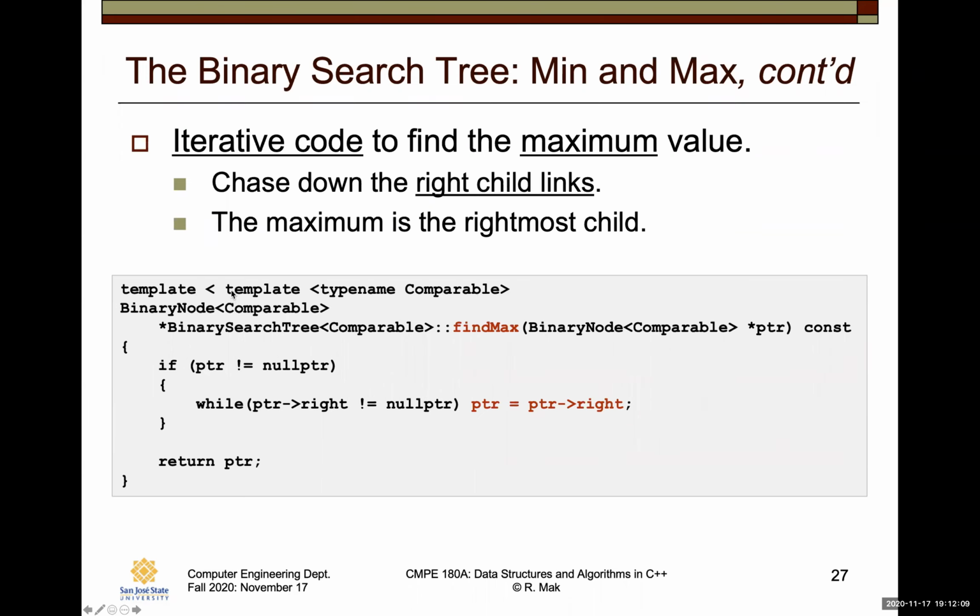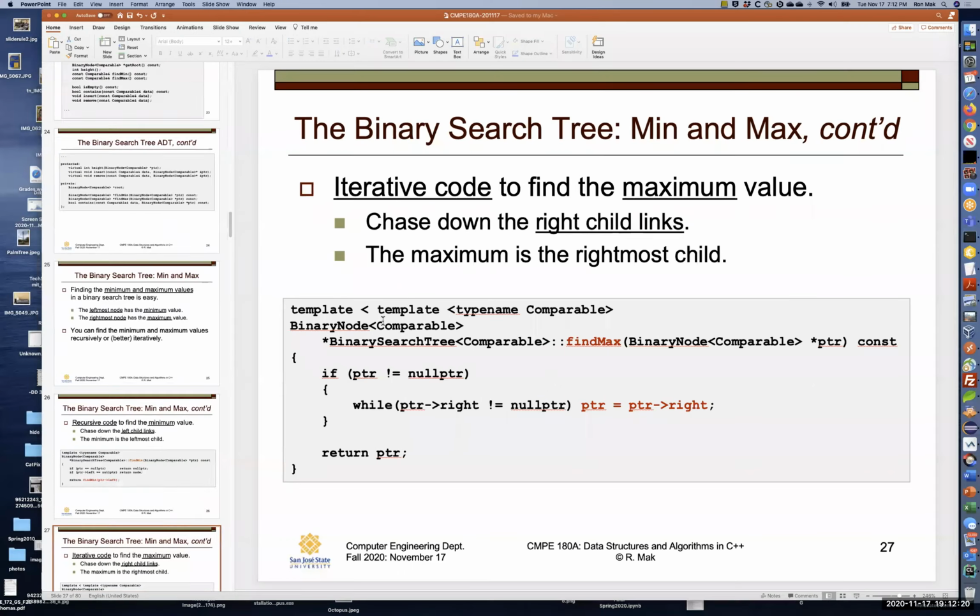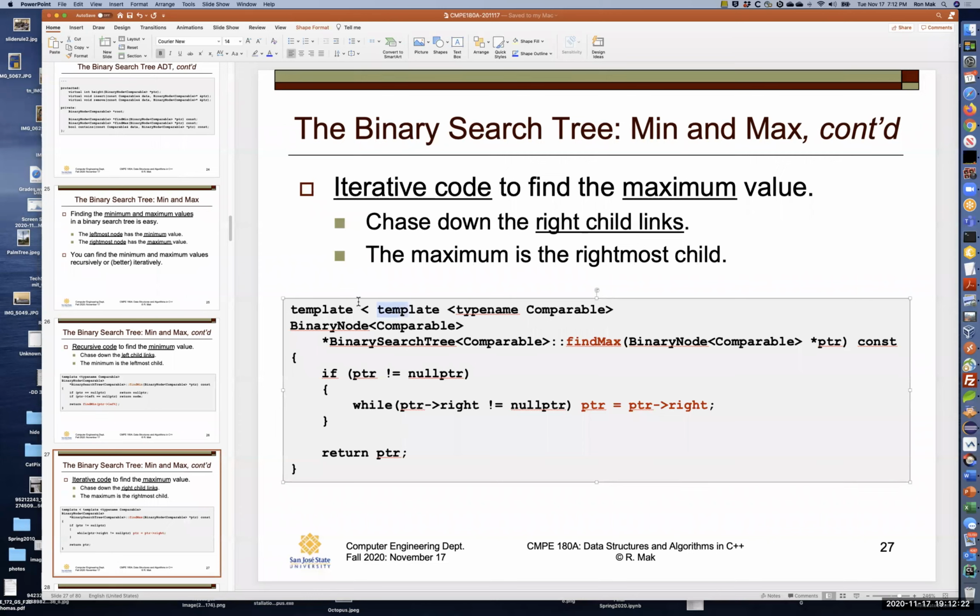I think this is definitely a typo, because it shouldn't be template. I don't know what happened here. Hang on, let me fix that. Get rid of this. I think what I really meant to say is that find max is itself a template function, and so we get to say comparable here.